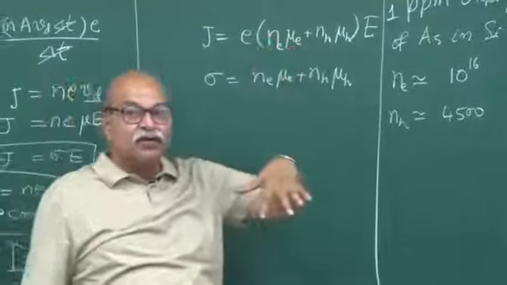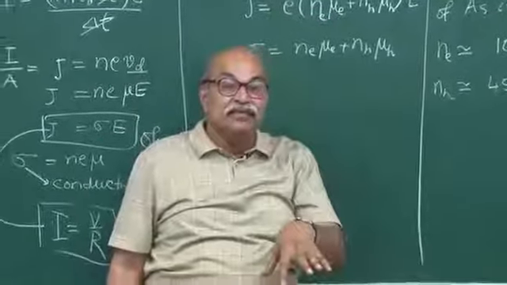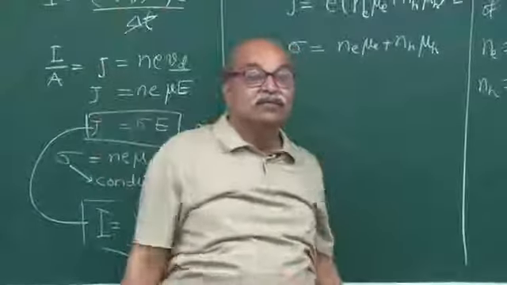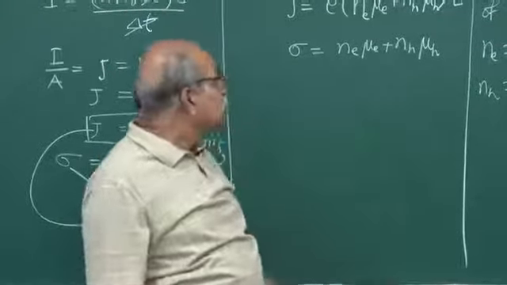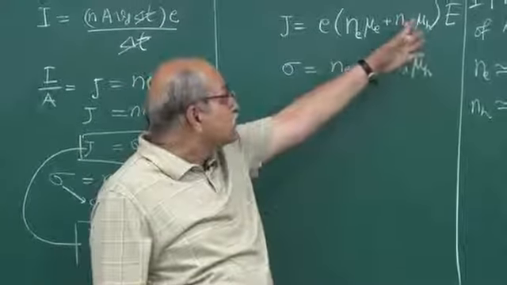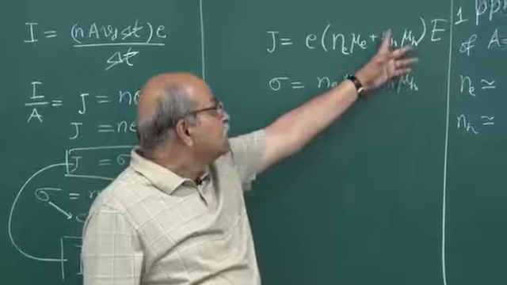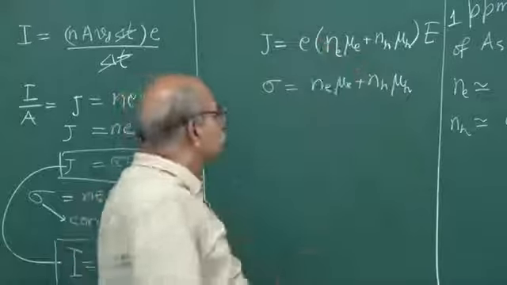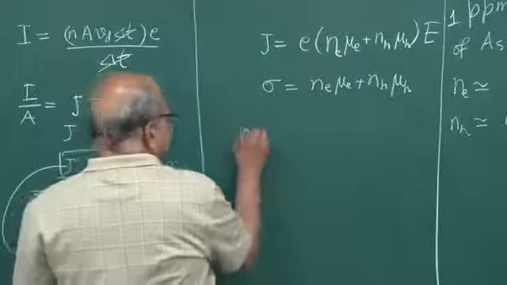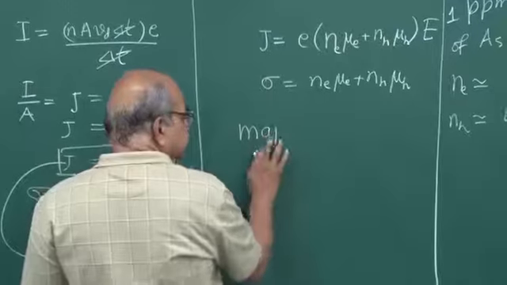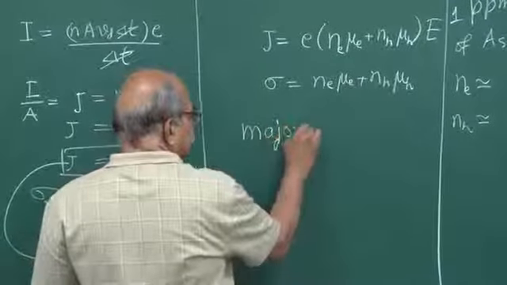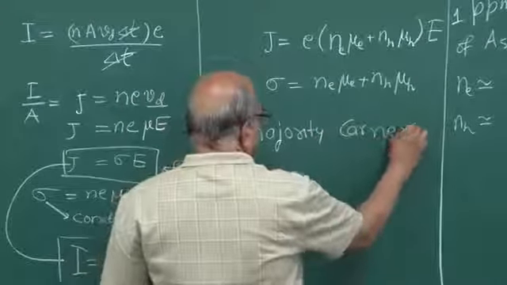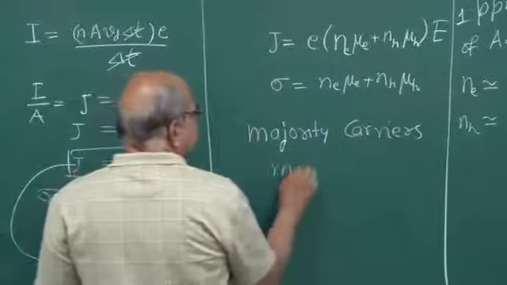And similarly, if you are doping a trivalent impurity, then the hole concentration will be so high as compared to the density of electrons that only this will be effective and the other will be totally negligible. So we talk in terms of majority carriers and minority carriers.